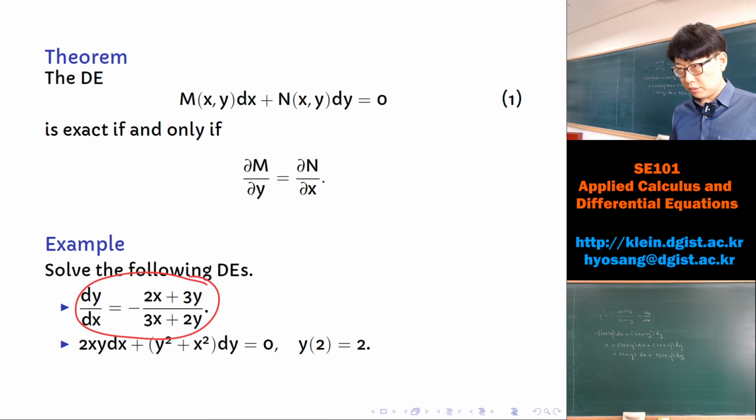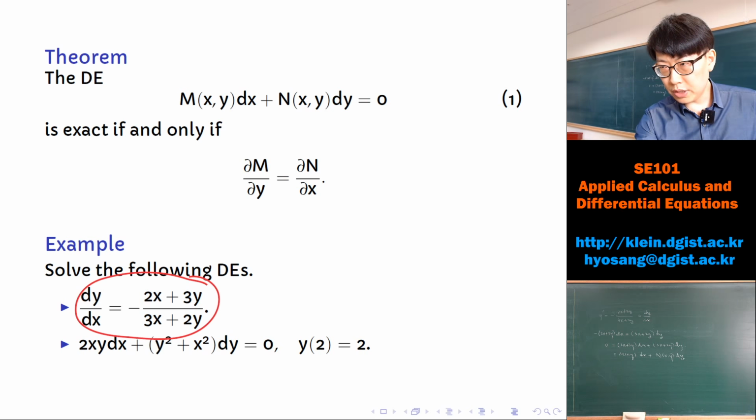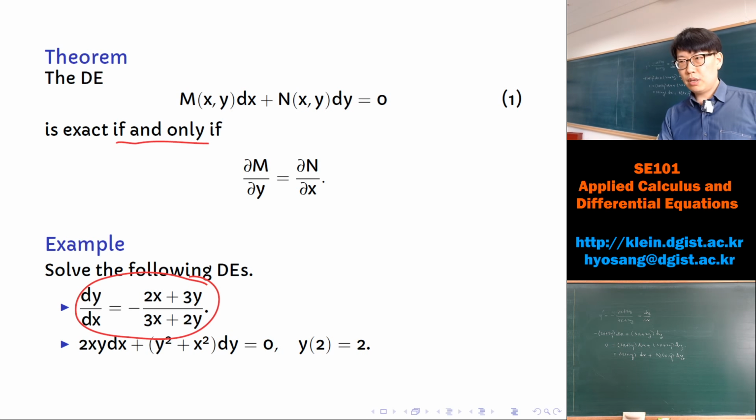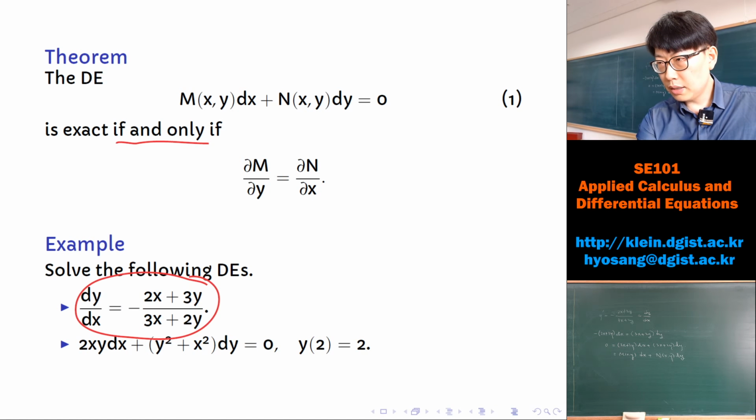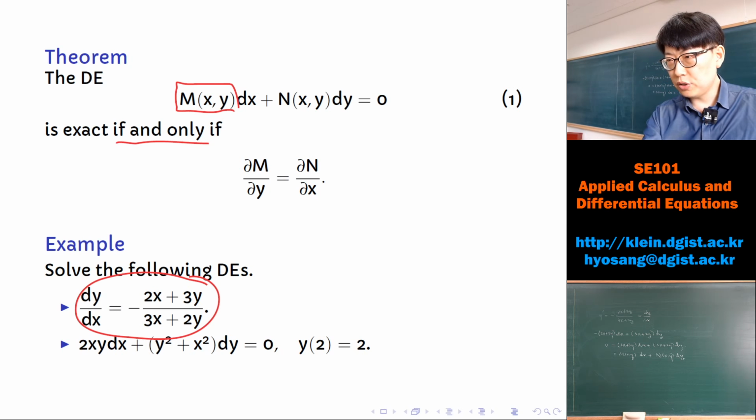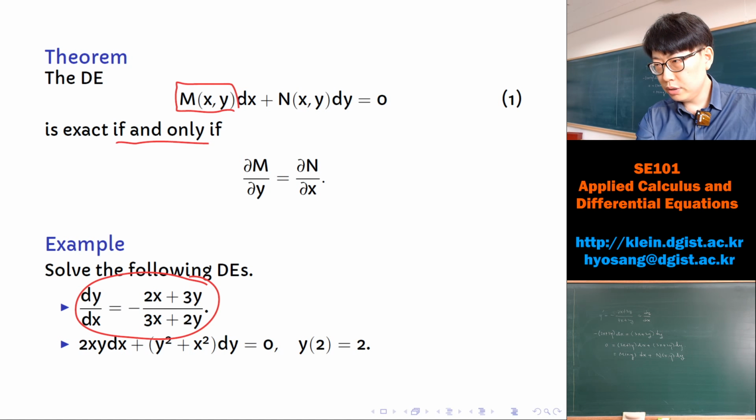So the question is, how do we know that a given differential equation is exact or not? The theorem tells you the if and only if condition for when the differential equation is exact. This is when the coefficient of dx, as a two-variable function, has a partial derivative in y equal to the partial derivative in x of the coefficient function of dy.